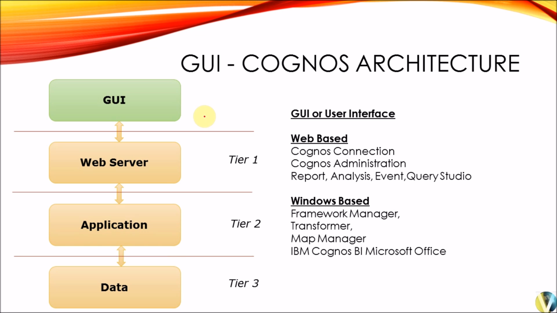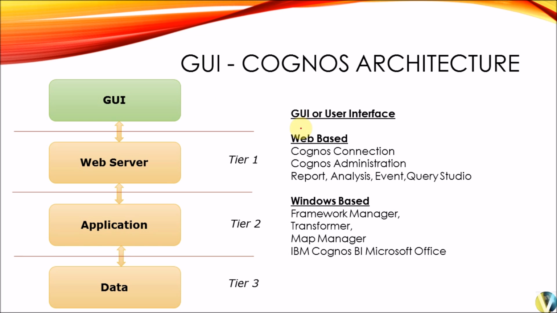Cognos provides various interfaces, mainly two: web-based interface and Windows-based interface, for different purposes. Web-based interface includes Cognos Connection, which is the main portal or website from where you can access all the available web-based services.